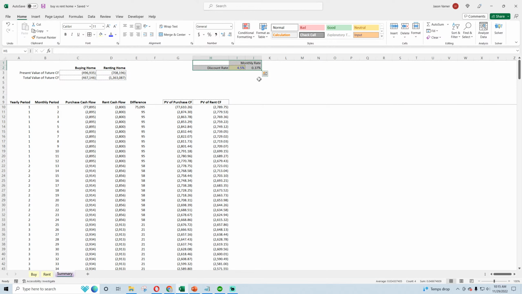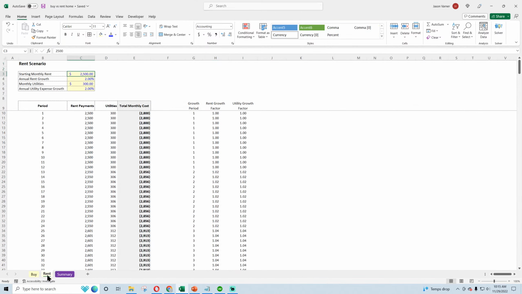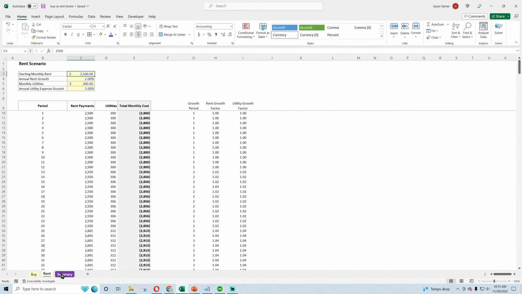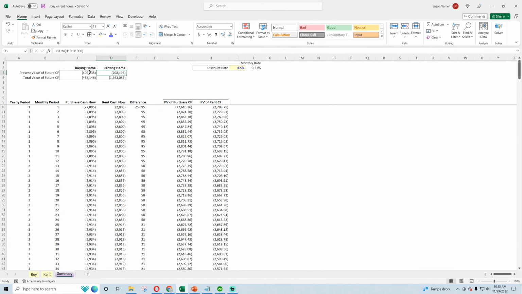Okay, so buying a home wins hand over fist in almost any scenario of this. Like you have to really skew the rent so it's really, really cheap versus what the P and I, what the mortgage costs and these ongoing costs are, to get it anywhere close to even on the present value front.